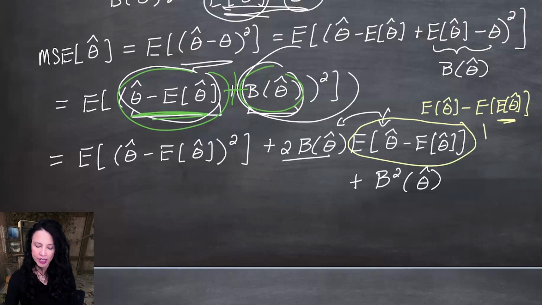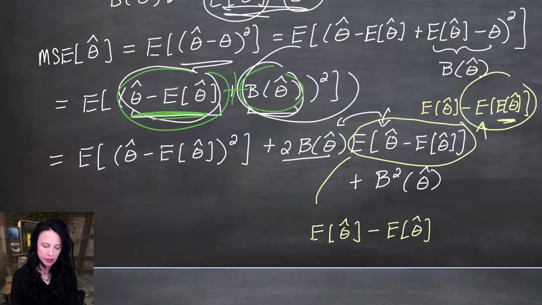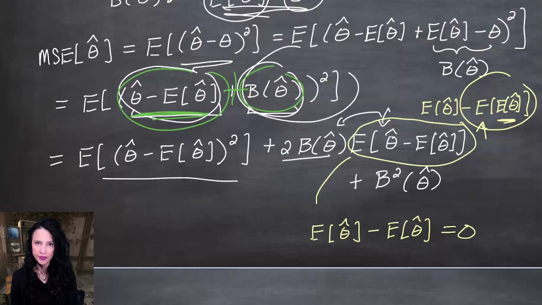So if I take the expected value of that, I just get the expected value of theta hat. So what I'm trying to say is this is the expected value of theta hat minus the expected value of theta hat. Now this equals 0. So out of the 3 terms I have in the line above, after squaring and running the expectation through, the center term actually disappears. And I'm left with this one, which is the definition of the variance.